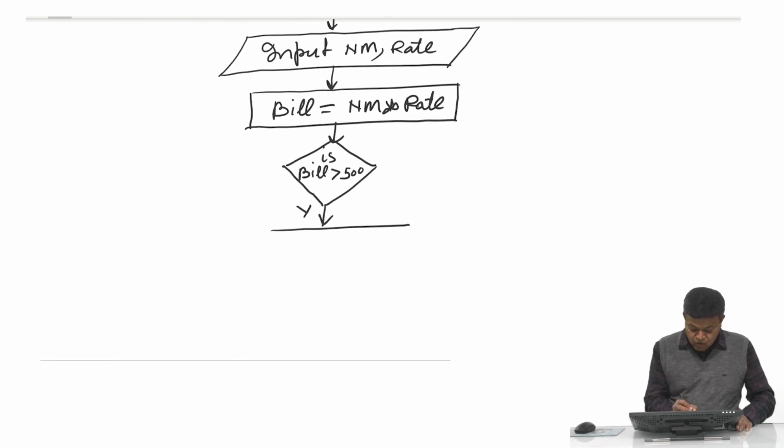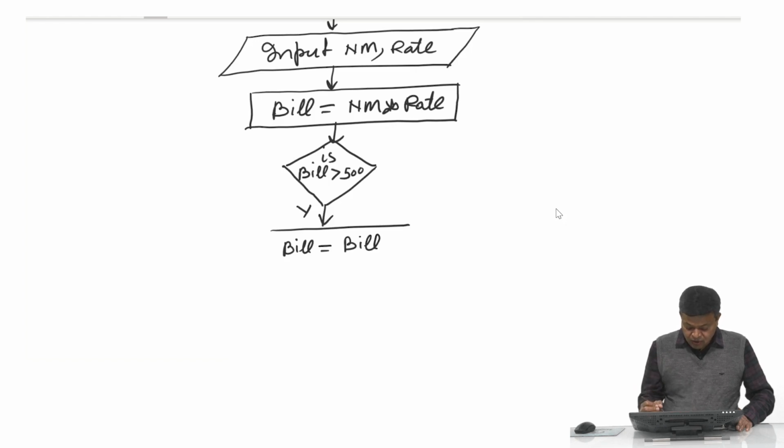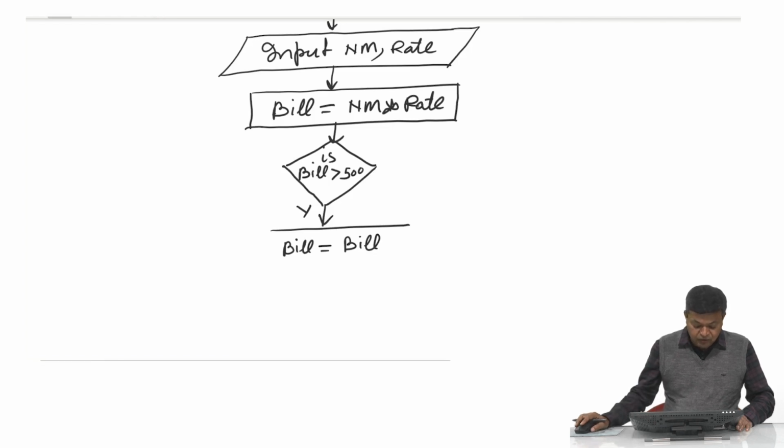So, now your new bill, okay, I may write net bill or I can use the same variable. I am using same variable. Bill is equal to, okay, whatever bill was calculated, on it he is getting 10% discount. So, 10% of bill will be 0.1 of the bill. So, I can write it like this.